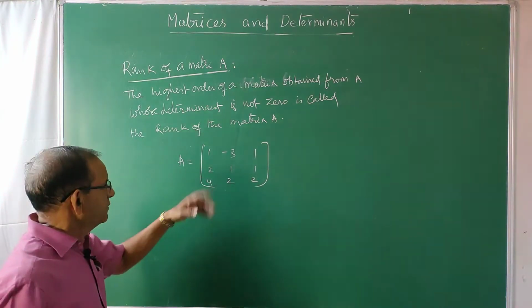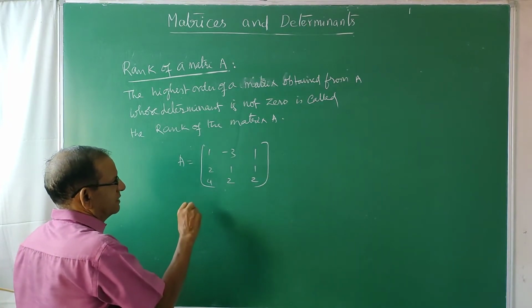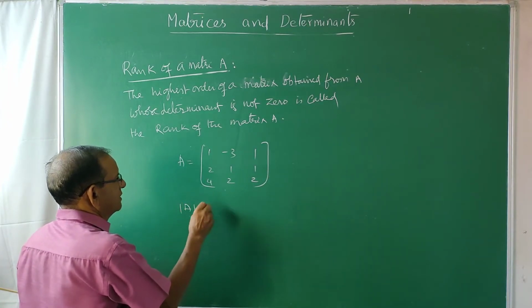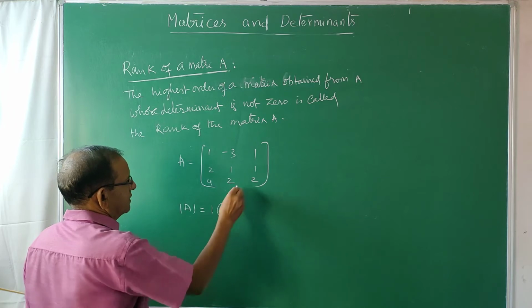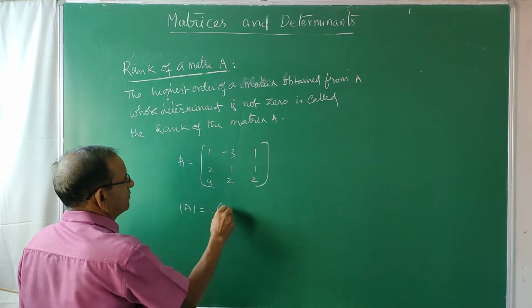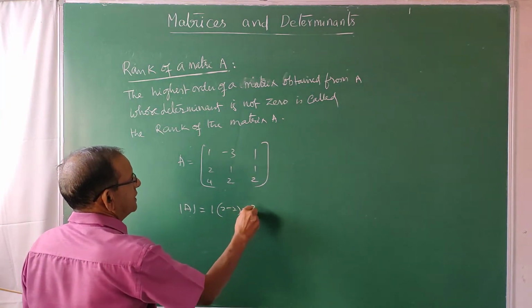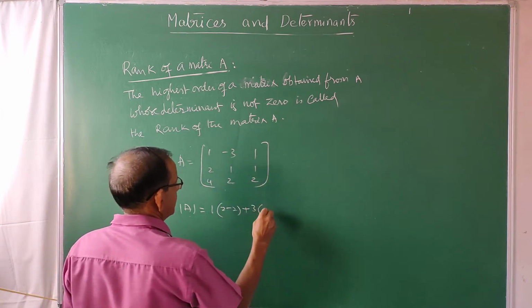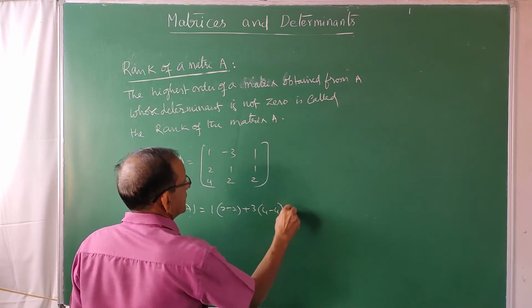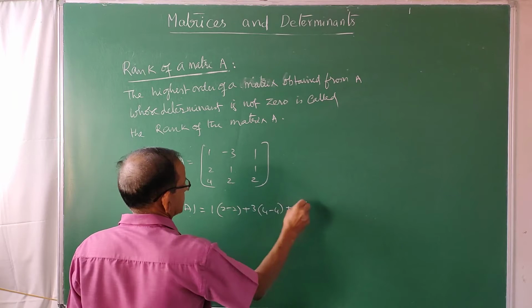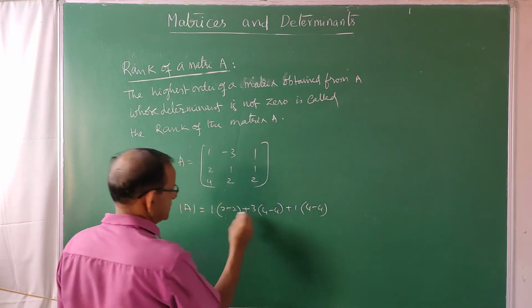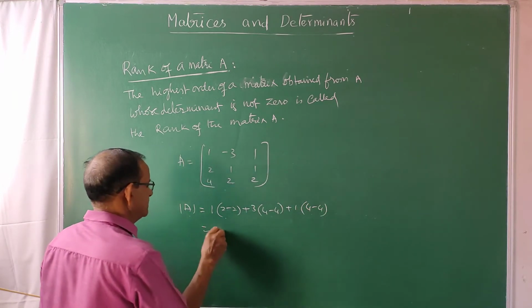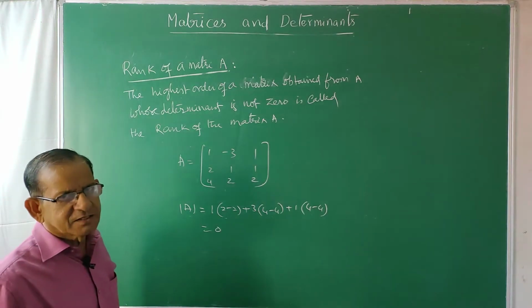If you find out the determinant, what is it? So 1 into its cofactor 2 minus 2, plus 3 into its cofactor 4 minus 4, plus 1 into its cofactor 4 minus 4. So this is 0, this is 0, this is 0. So the determinant is 0.